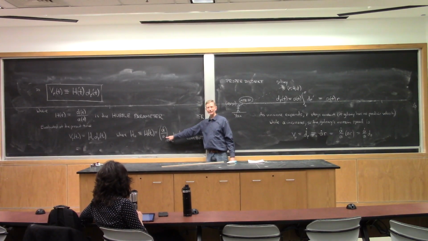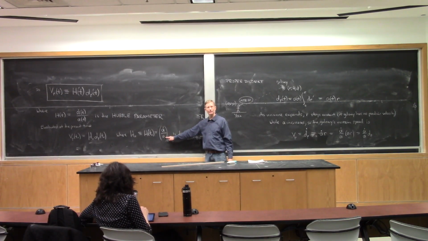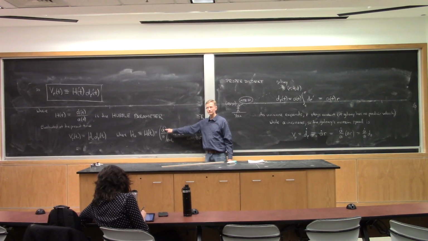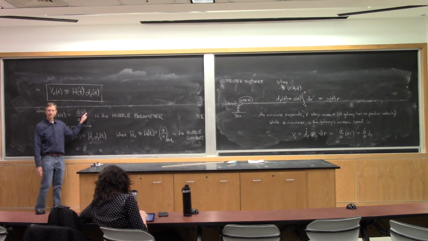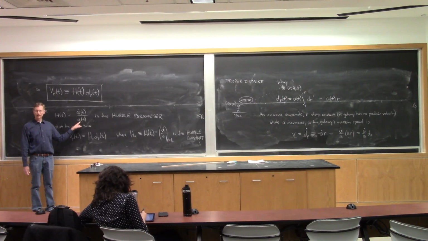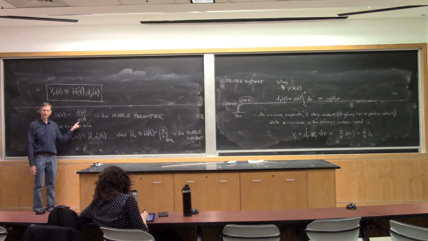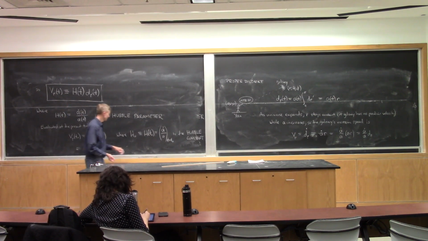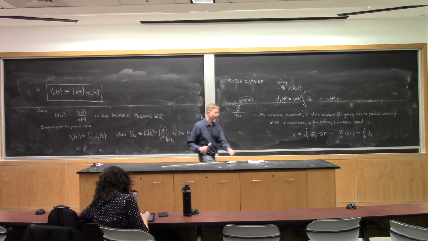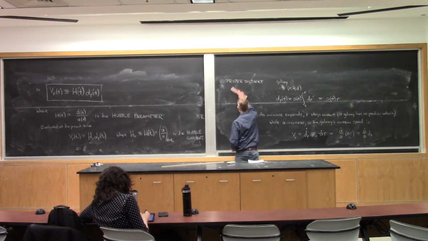A dot over A has units of also inverse seconds, right? Because A is dimensionless. In general, A dot has units of inverse seconds, and A has units of nothing. So A dot over A has units of inverse seconds. In other words, the Hubble parameter has units of inverse seconds. That's worth pointing out.